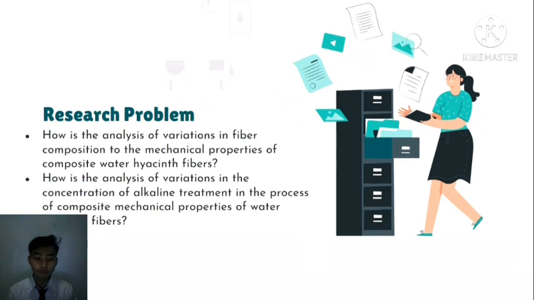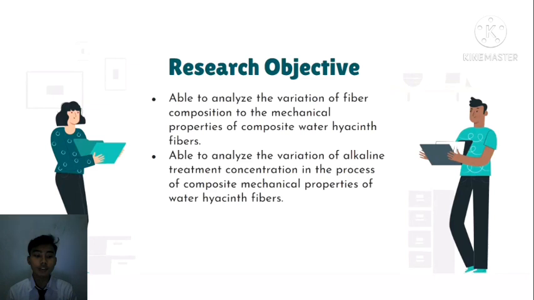Research objective. First, able to analyze the variation of fiber composition to the mechanical properties of composite water hyacinth fiber. Second, able to analyze the fermentation of alkaline treatment concentration in the process of composite mechanical properties of water hyacinth fiber.